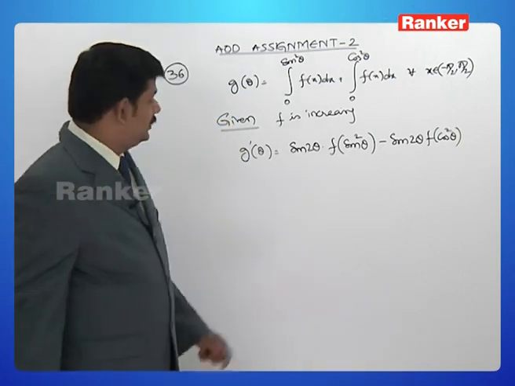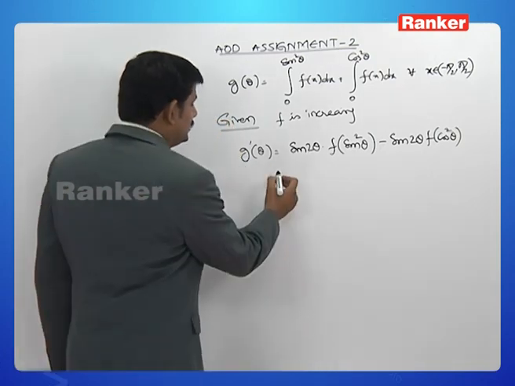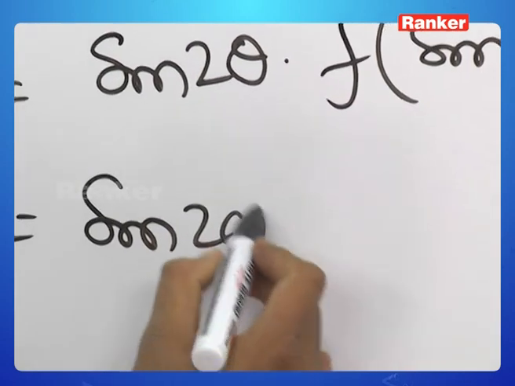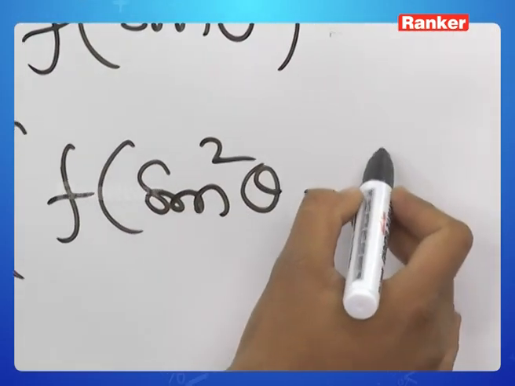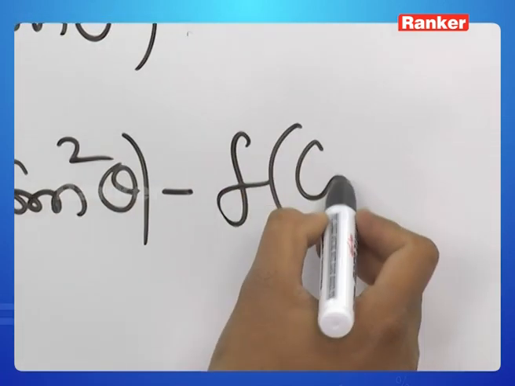So g dash of theta is equal to sin 2 theta, which can be taken common, times f of sin square theta minus f of cos square theta.